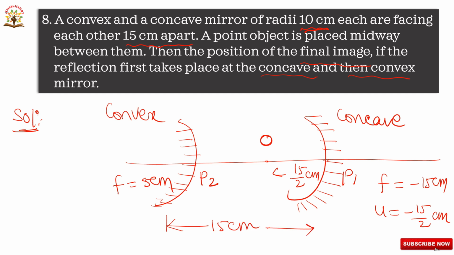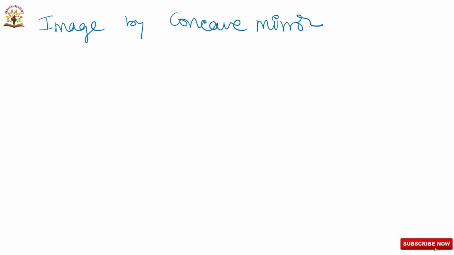Next, the image by the concave mirror. From the mirror formula, 1 by u plus 1 by v is equal to 1 by f.